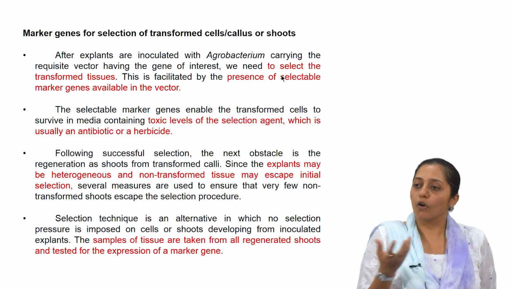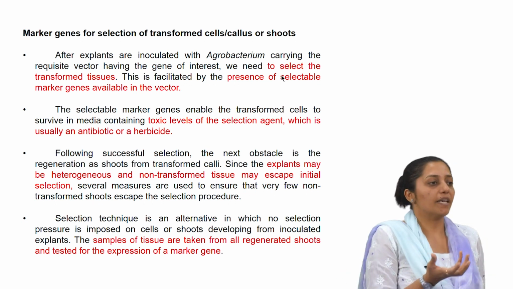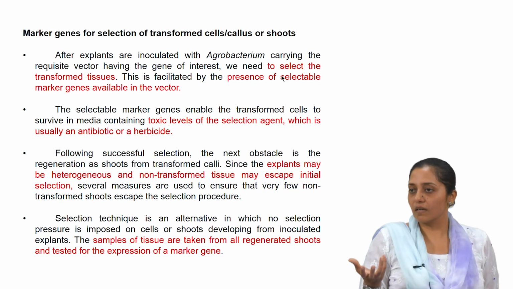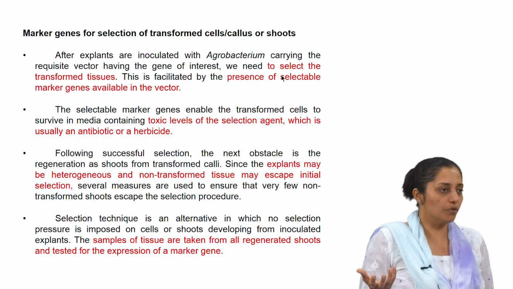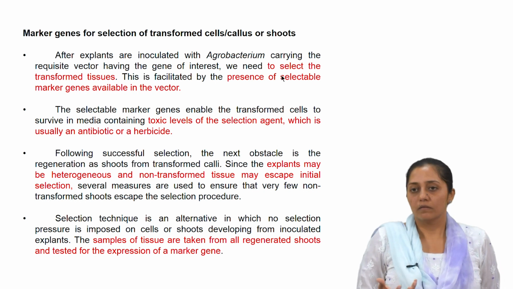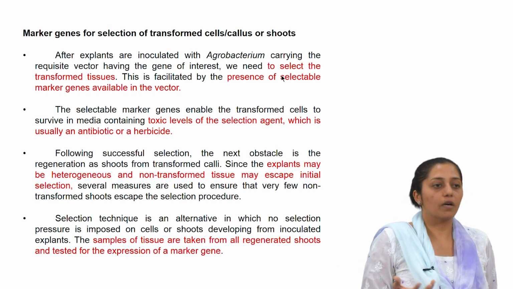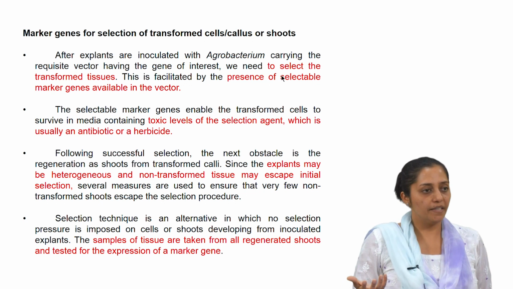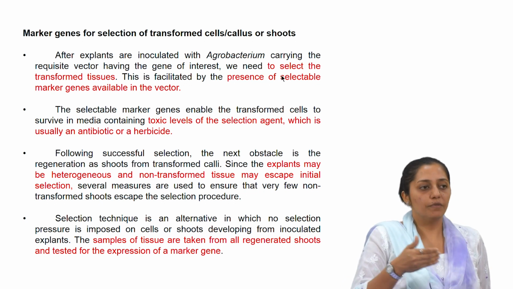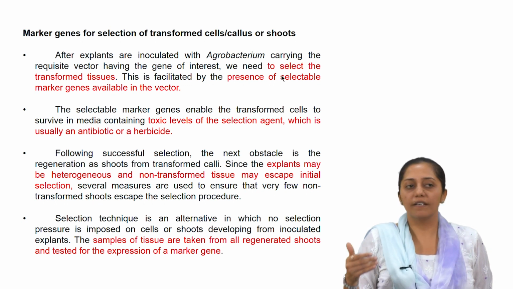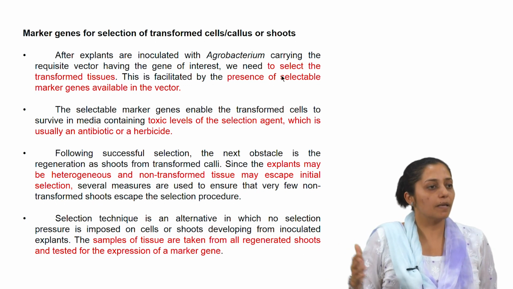We have already read that based on the selection marker or the marker system present, histochemically based assays can be used, or antibiotic selection medium or herbicide selection medium can be used to increase the probability that you will end up with successfully transformed cells with subsequent subculturing.